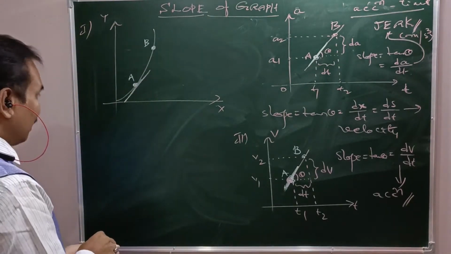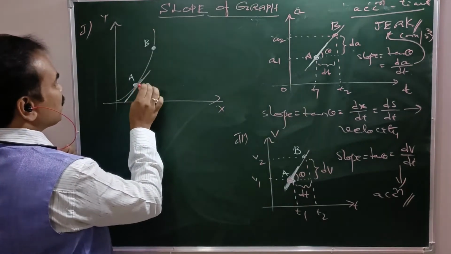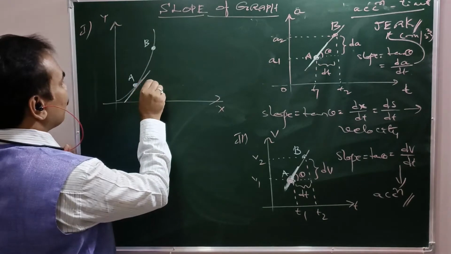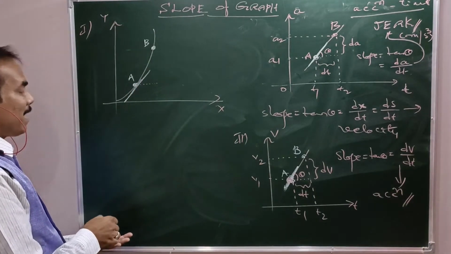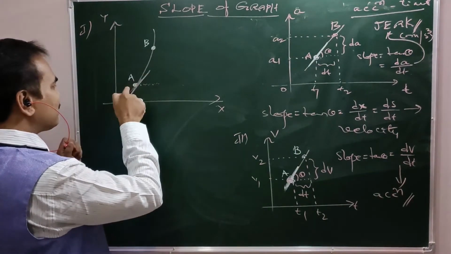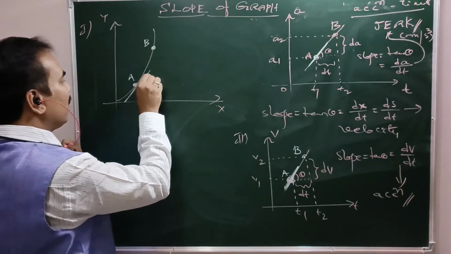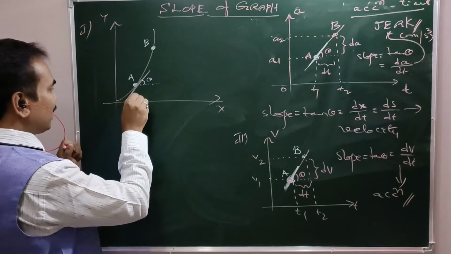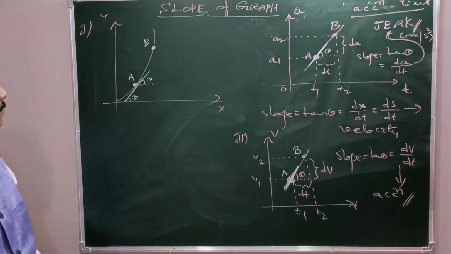Now what is the angle here? Suppose I take one axis parallel to the x-axis. What is the angle made by this tangent drawn at point A with the axis parallel to the x-axis? That is theta 1. Here also theta 1, because these two are the same angles.